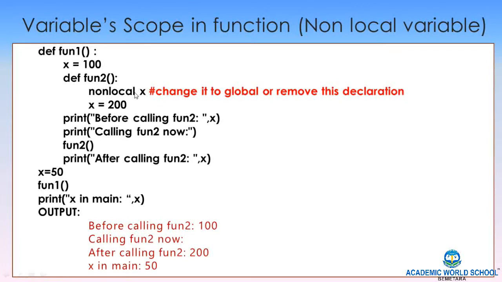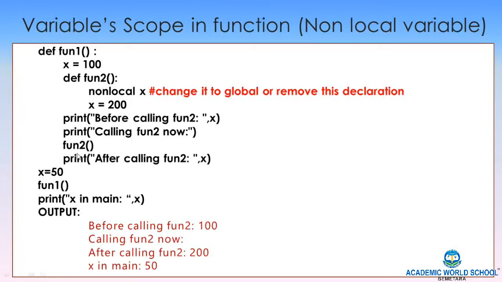Now the value of x is 200 in fun2. Before calling fun2, what will be the value? X is 100 in function 1, but then fun2 is called. When fun2 is called, the value of x will change because the non-local statement will execute when we call fun2.